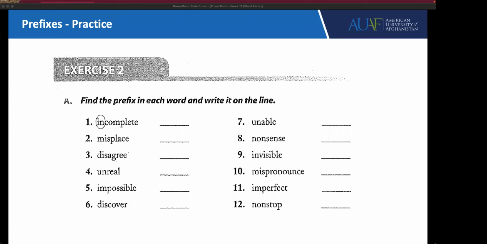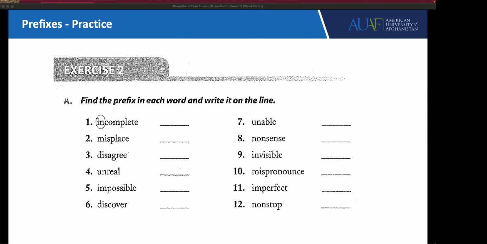Okay, number 10. Who wants to do number 10? I want to do. Okay, go ahead. Please pronounce the prefix mis. Good. Number 11, Sahar, you want to try?